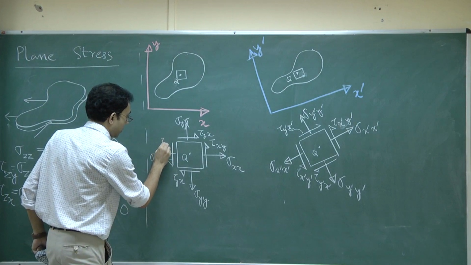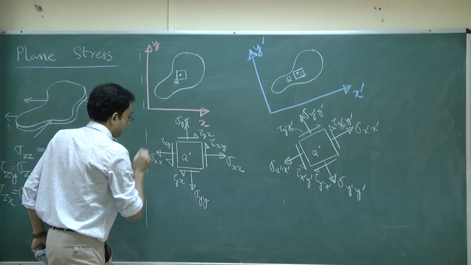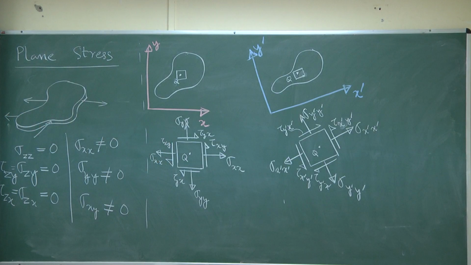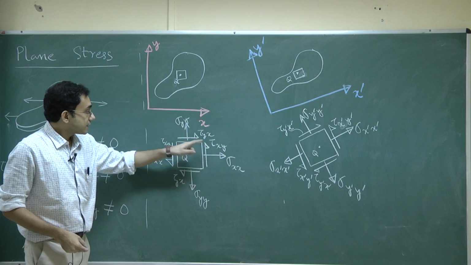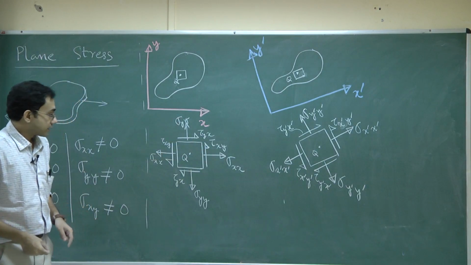So, this is my tau xy. Okay. How can I find out the relationship between them? All right. Now, even before we get into that question, we have to answer something very important. This tau xy, does it have any connection with this tau yx?